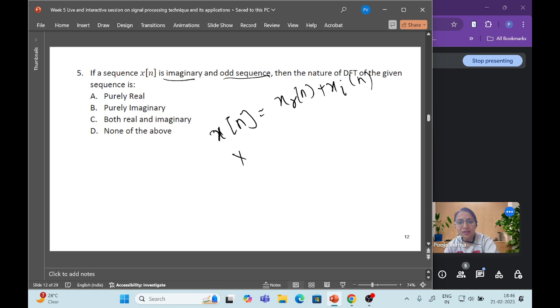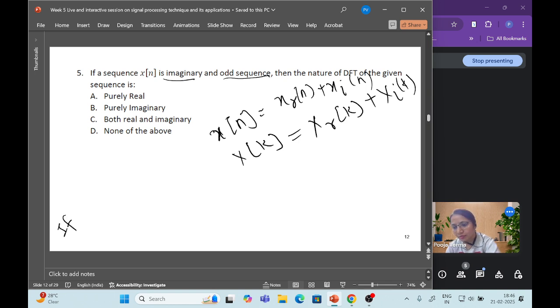Similarly, the DFT x of k is equal to the real part plus j times the imaginary part, x i of k, right? Now if x of n is imaginary and odd, what will be the nature of the DFT?